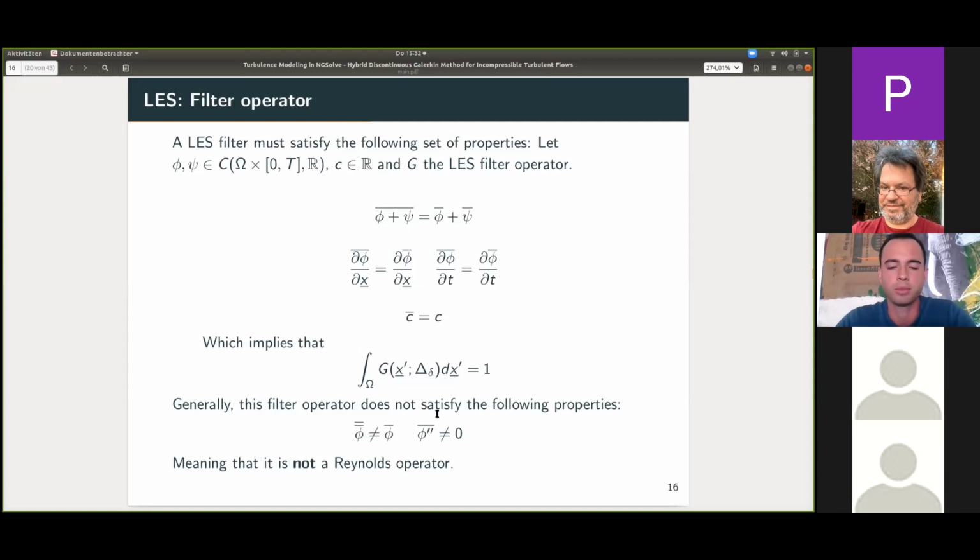This also implies that these kernels are bounded. And this filter operation, which is a very crucial point, I think, is not a Reynolds operator, since if you filter the small scale part, it would not necessarily be zero.